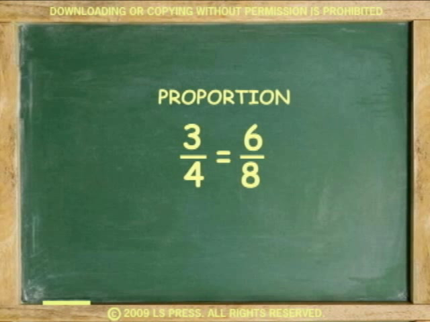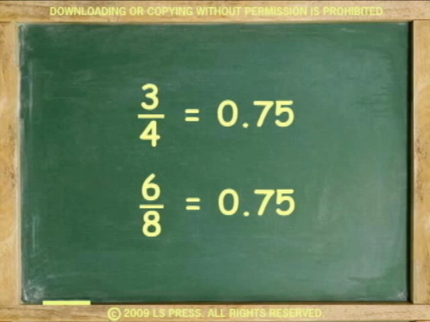Notice that if you divide both 3 over 4 and 6 over 8, the results are 0.75 equals 0.75. So it checks that the ratios are equal.